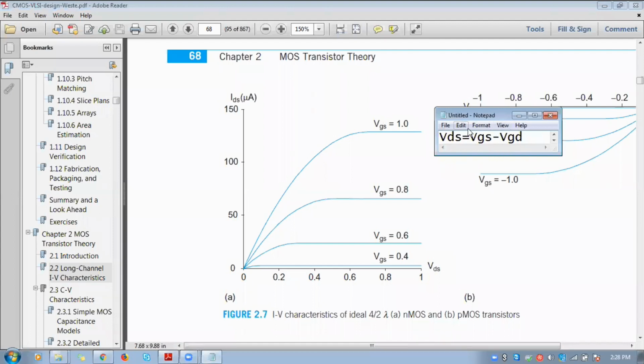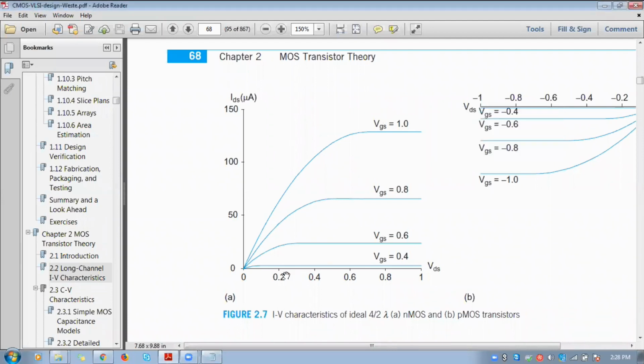VGS and VGD we are making equal, right? So at that time VDS will become 0. When VDS equals 0, there won't be any sufficient electric field between drain and source, even though you have a proper channel. So there won't be any conduction. So when VDS equals 0, IDS is also 0.